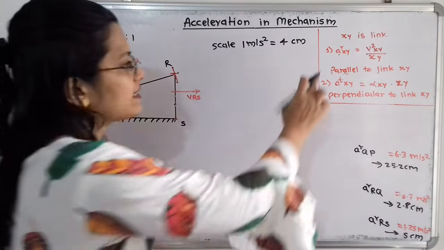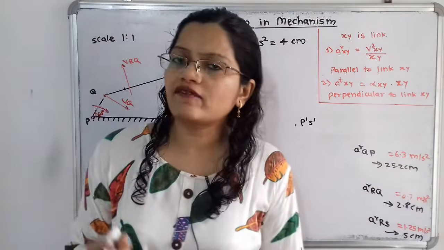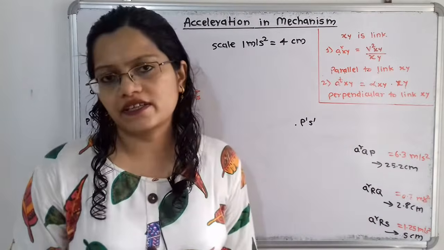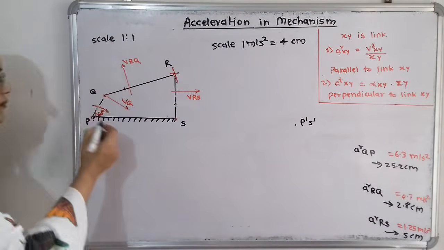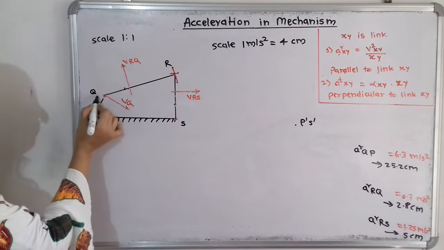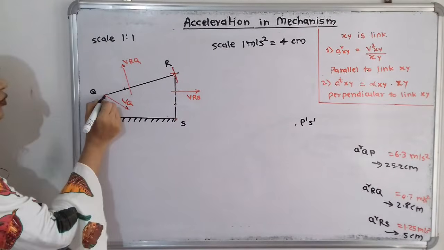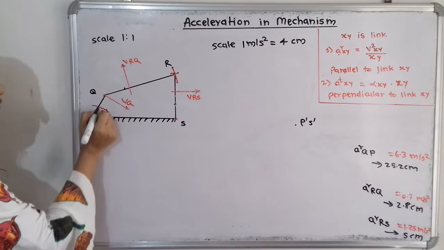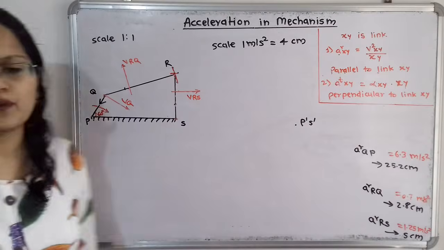We know that the radial component is parallel to the link. Now the main question is about the direction. The crank is rotating about point P, so we have to show the arrow towards the fixed point. So this is the arrow for the radial component.